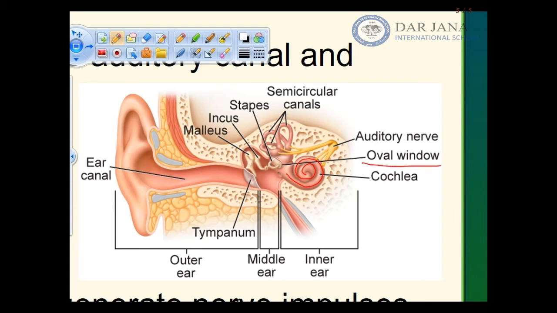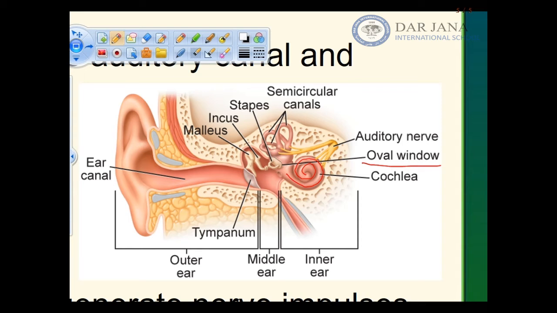So it is the place where the stapes touches the cochlea and causes the cochlea to vibrate. So the vibration reaches the cochlea after being amplified through the malleus, incus, and stapes. What's inside the cochlea which allows us to hear?